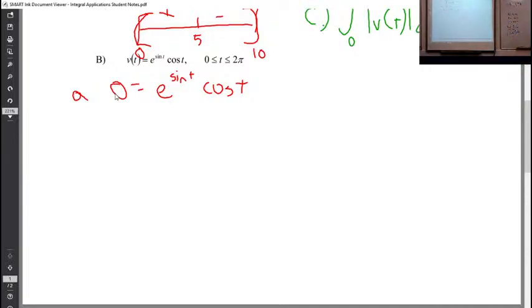So e to the first is 0? It's either the 0, 0. It's e to a negative 0. So this part isn't going to be 0 at any point.